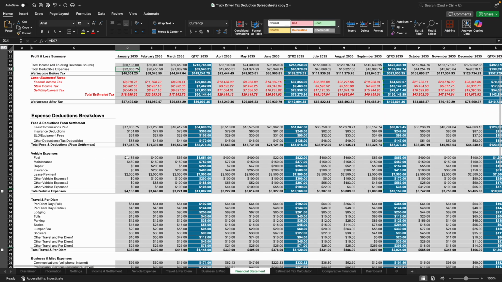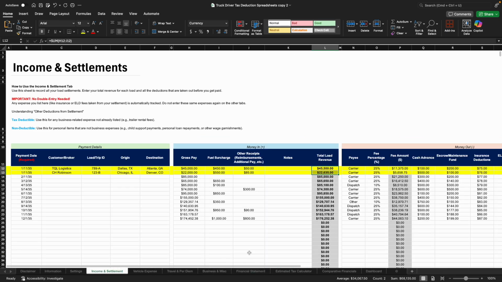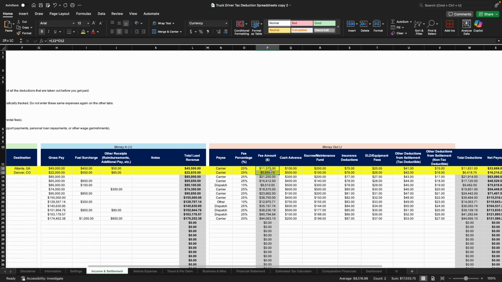Okay, so we'll go here line by line. As you can see here, the fees and commissions paid. This is a deductible expense. This comes from the income and settlement tab right here. If you have to pay out any fee to a carrier or somebody, this is deductible because this is a business expense, right?